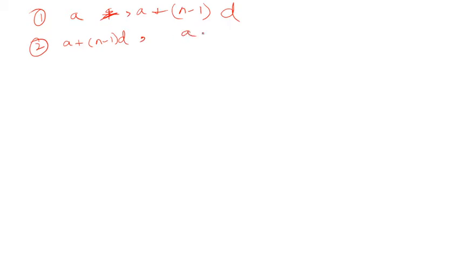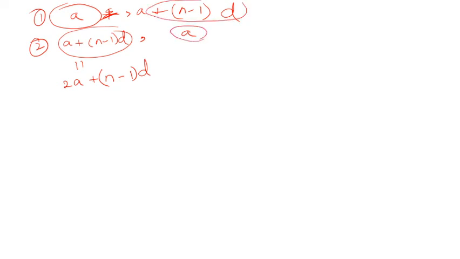Now students, if you add the first term of the first equation and the first term of the second equation, what you get is 2a plus n minus 1 into d, right? Similarly, add the last term of the first equation and the last term of the second equation, what you get is 2a plus n minus 1 into d.